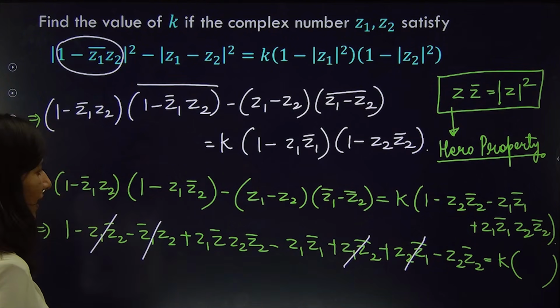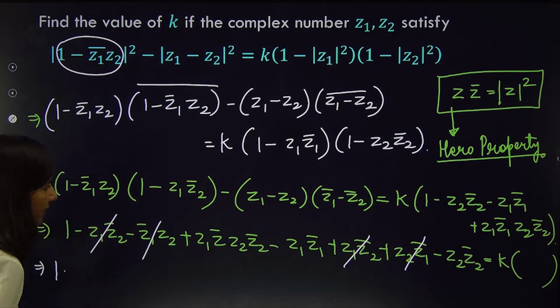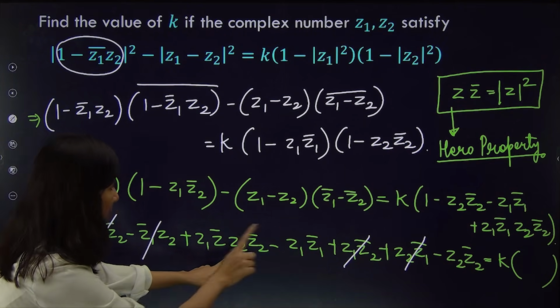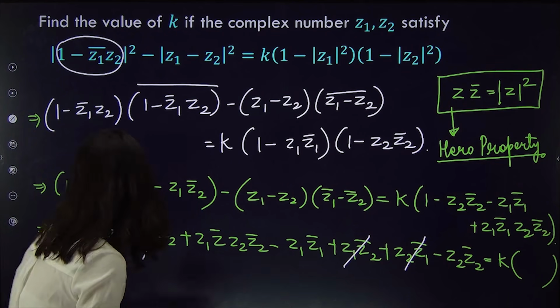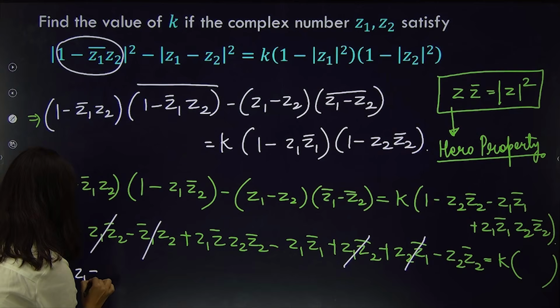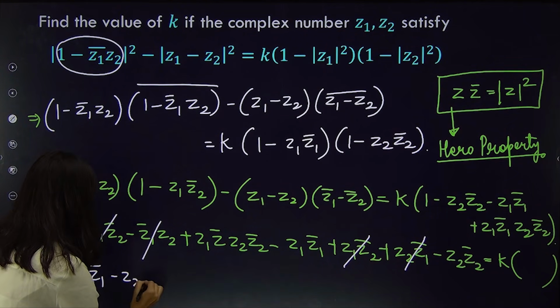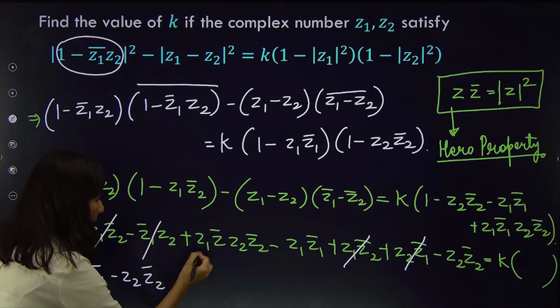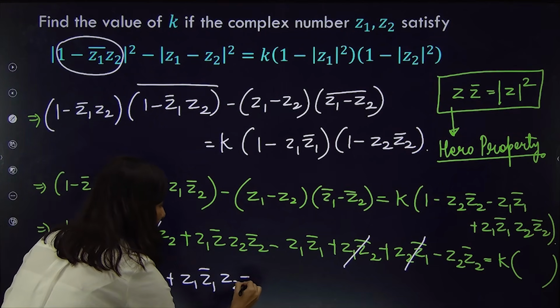Now let's club the remaining four things. 1, and also this is z1 z1 bar, so 1 minus z1 z1 bar, minus z2 z2 bar, and plus z1 z1 bar z2 z2 bar.